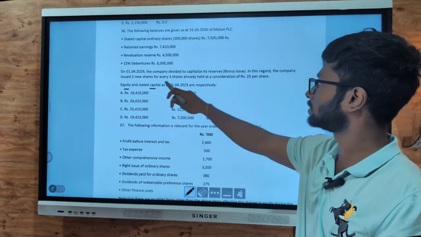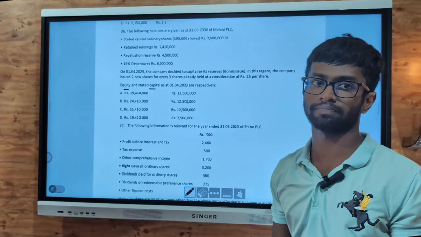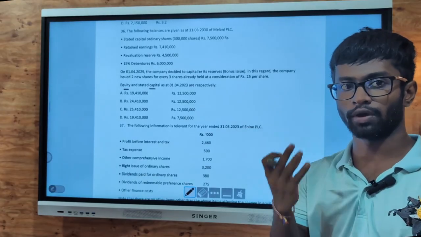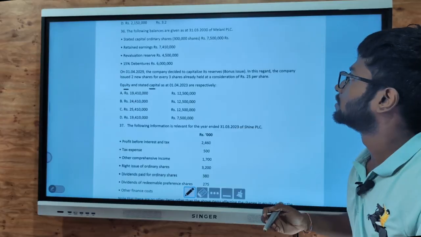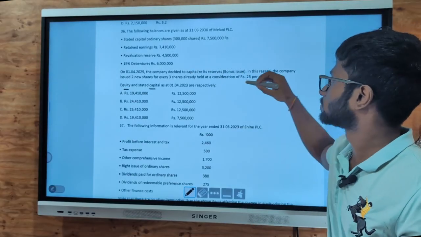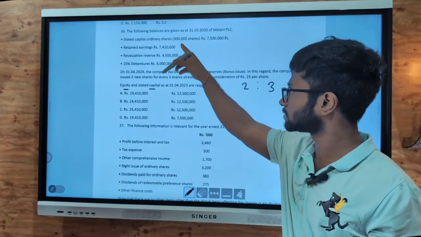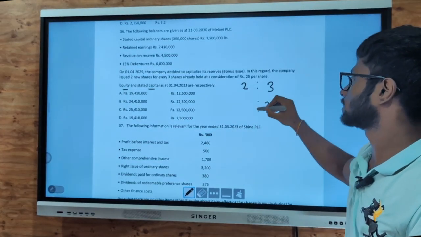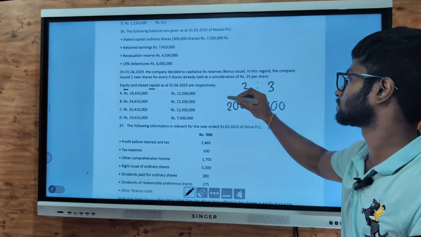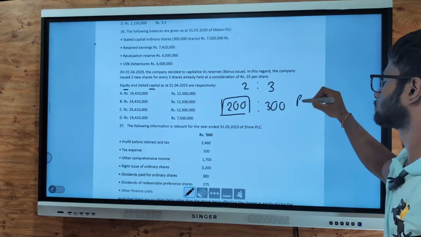In this regard, the company issued 2 new shares for every 3 shares. So here what happens is, if you have 3 shares, you'll be getting 2 shares free. Okay, so currently we know the ratio 2:3. Currently we have how many shares? 300 shares. Then we'll be issuing as a bonus issue 200 shares.